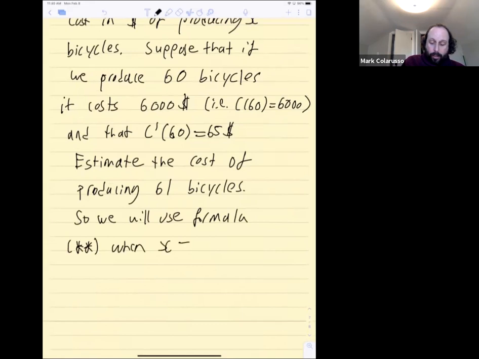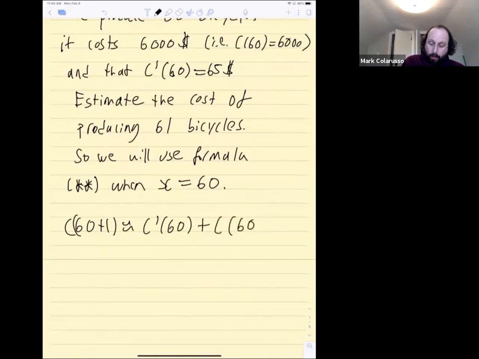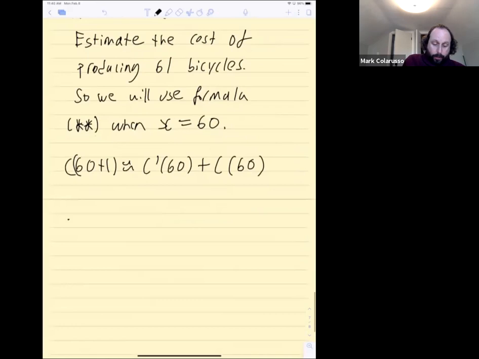The cost of producing 60 plus 1 bicycles is approximately equal to the marginal cost when we produce 60 bicycles, plus the cost of producing 60 bicycles.